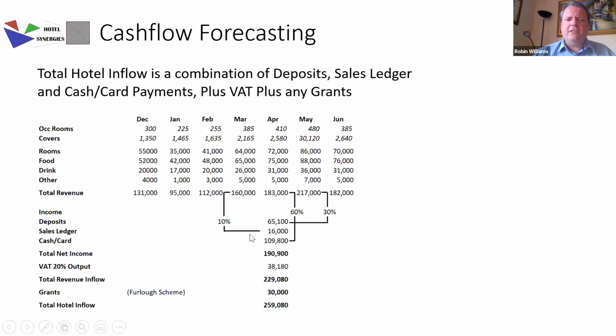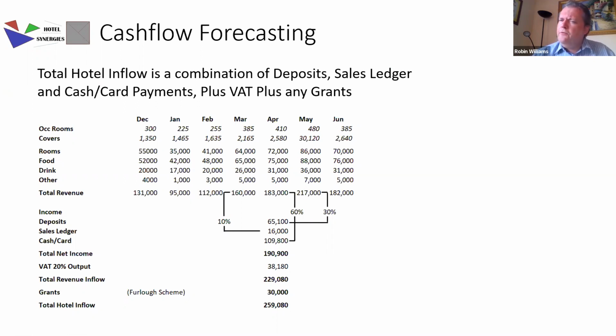And there is a relationship between, obviously, a cash flow for this month will be deposits for the future, sales ledger payments or receipts for a previous month's, and your cash and credit cards for the people who are in your hotel in this month. And although every hotel is different, that relationship probably won't be the same for your hotel as another hotel.